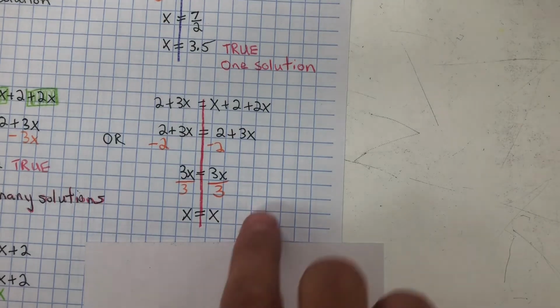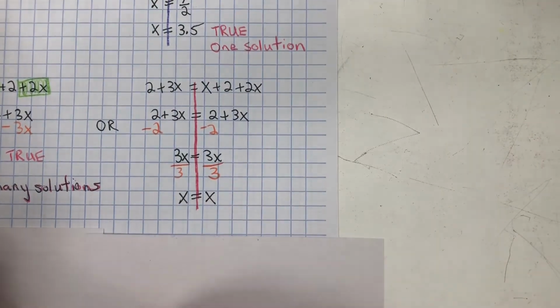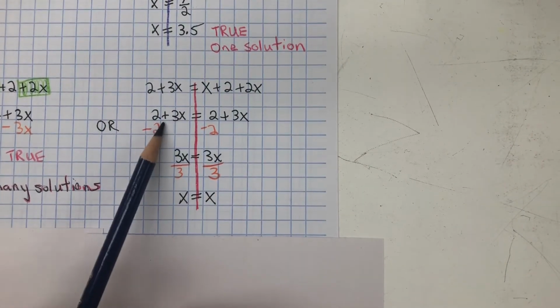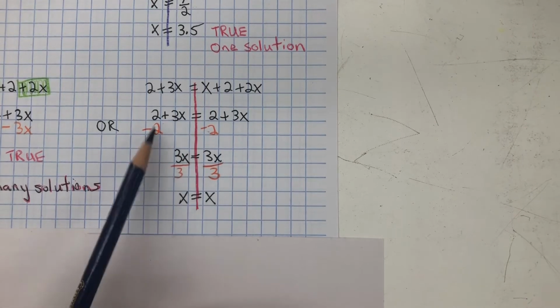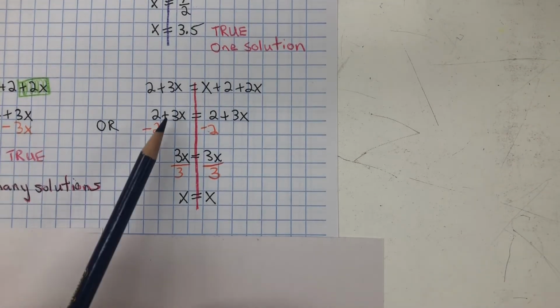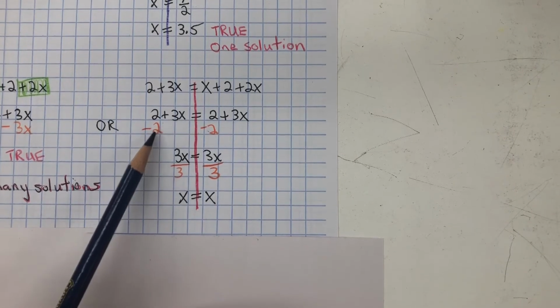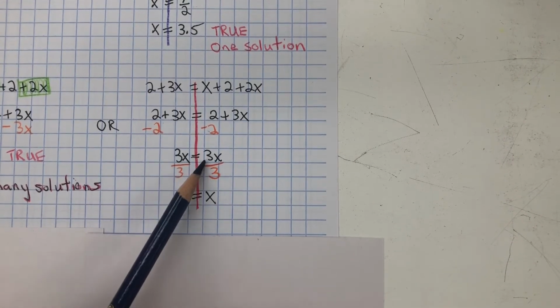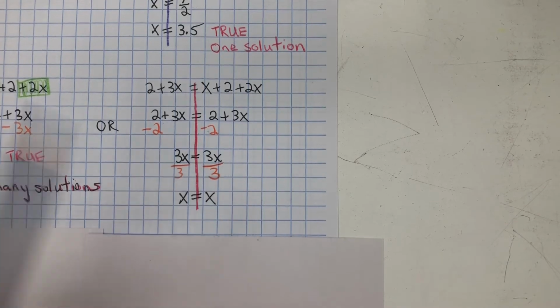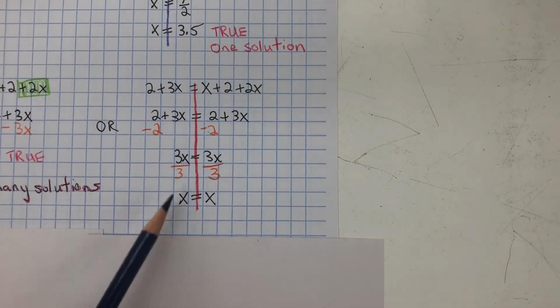Here, I also show if you were to subtract 2x from both sides. So I'm just taking this equation and showing an alternate way of solving it. And you end up with 3x equals 3x. Divide both sides by 3 and you get x equals x.